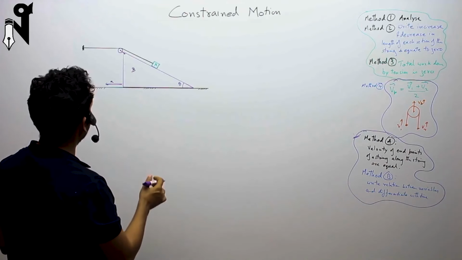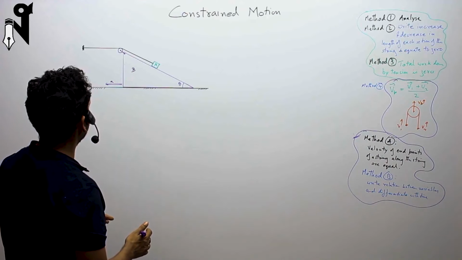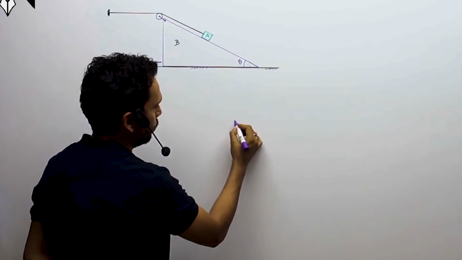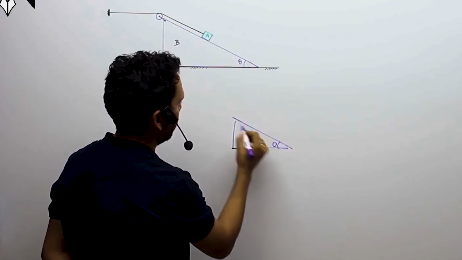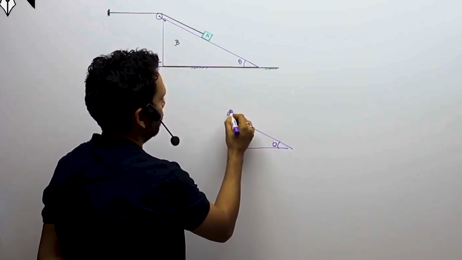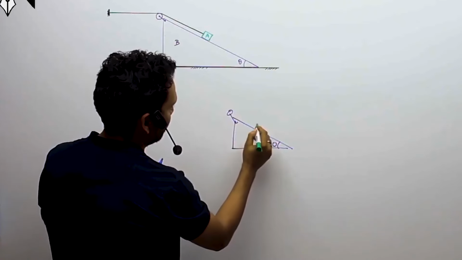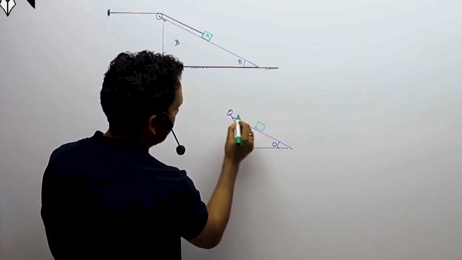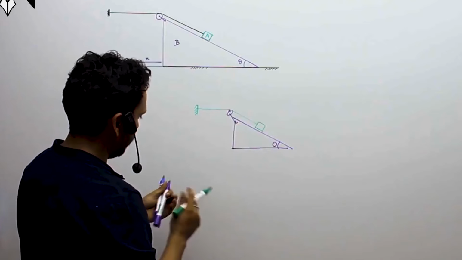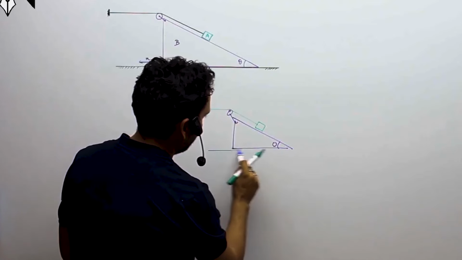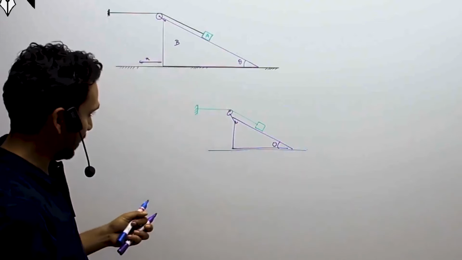So since I'm going to deal it in two different ways, let me make another diagram over here for this. That's your angle theta. There's a pulley on it, and then there's a body A attached to the string. That's your ground.